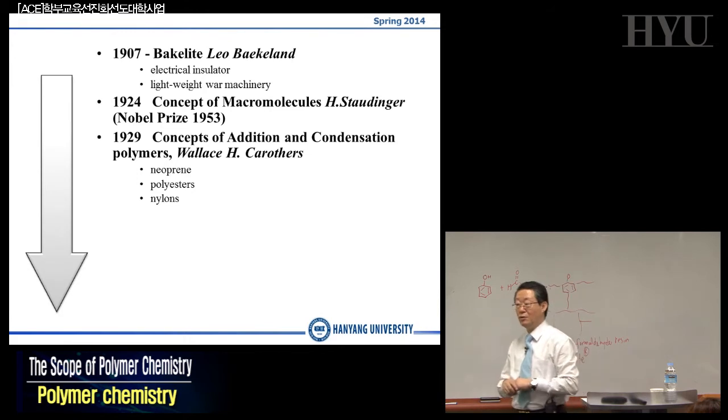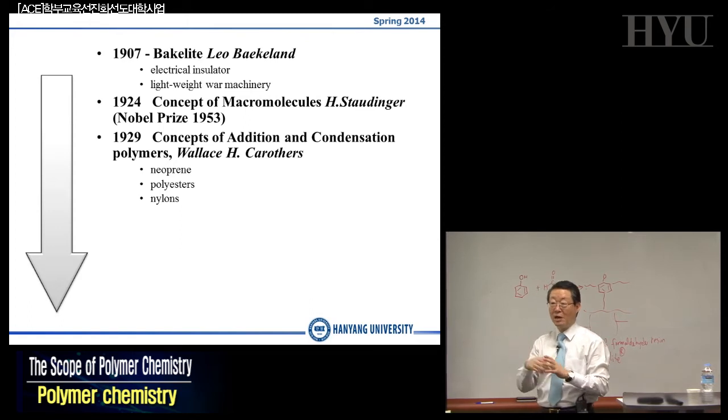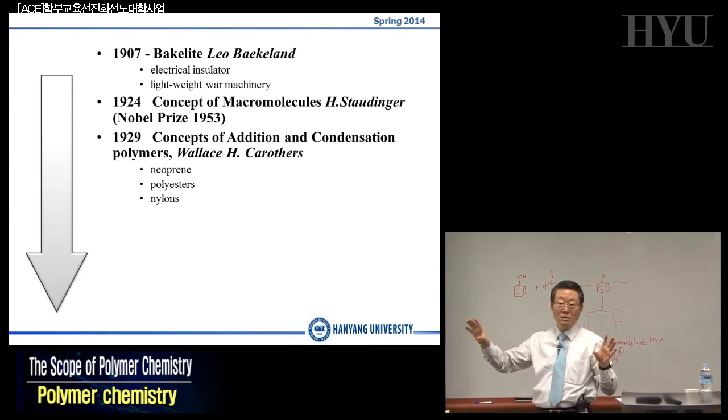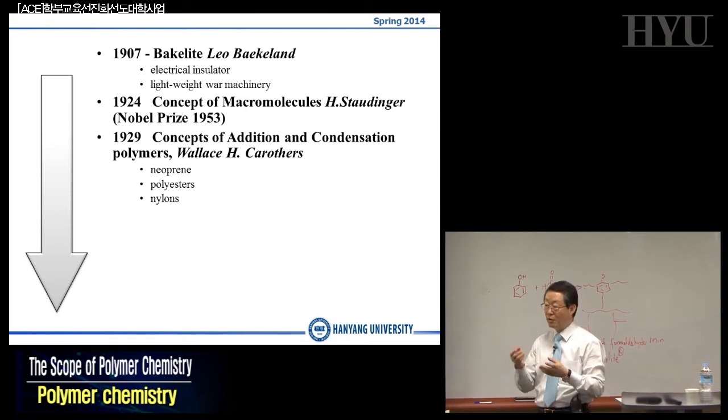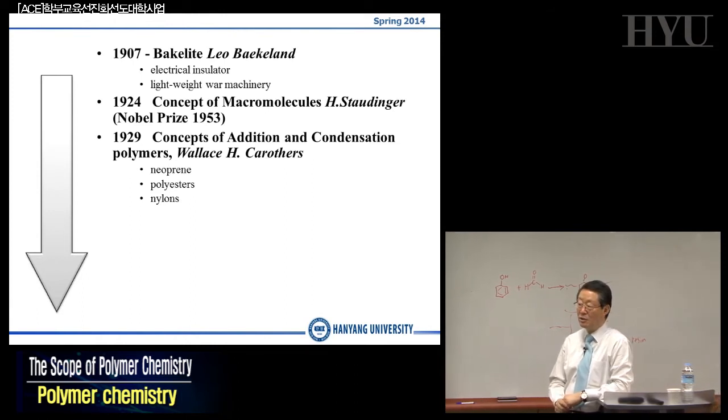So when you remember the big stockings in the first part of the slides, those are made of nylons in the 1950s. So nylons and polyester films or fibers were revolutionarily produced by DuPont, but were first invented by Professor Carothers. Unfortunately, he did not receive the Nobel Prize because he committed suicide in 1935 at a lake of the DuPont company in Delaware.